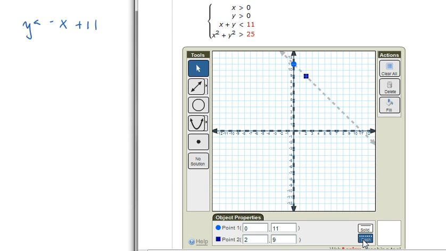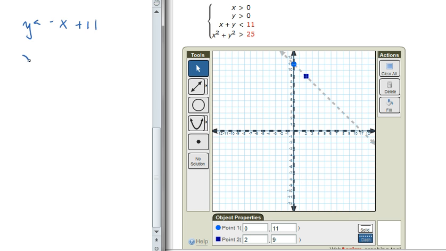So far it's everything in the first quadrant that is below the line that was just drawn. But now the fourth piece that we have to graph is x squared plus y squared greater than 25. And we know that x squared plus y squared equaled 5 squared would be a circle with center at the origin and radius 5.